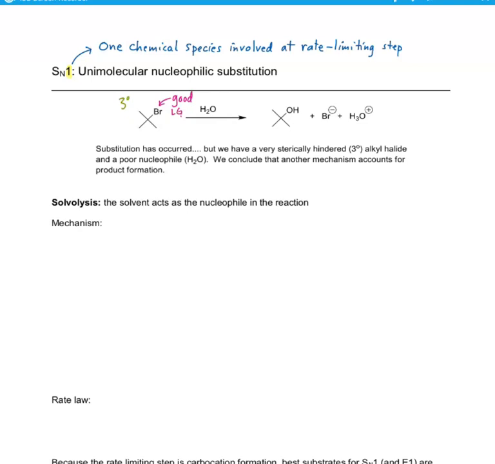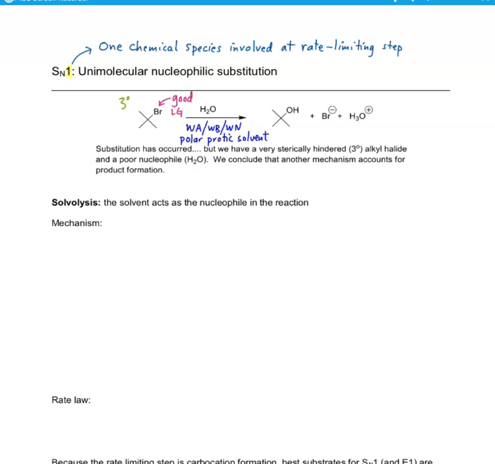And then over the arrow, we have water. So what do we know about water? Well, we know it's a weak acid, we know it's a weak base, and we know that it's a weak nucleophile. We also know that it's a polar protic solvent.